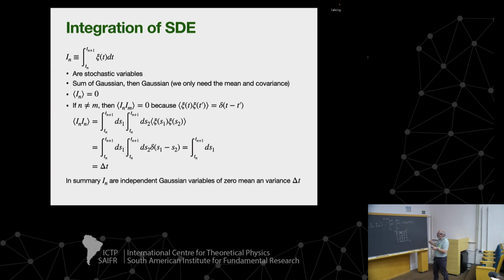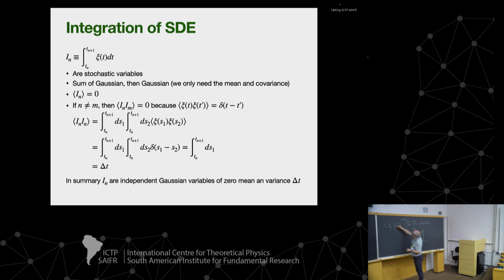Cool. And now what happens if the two steps are equal? N, N. Then you have to integrate over here, for example.